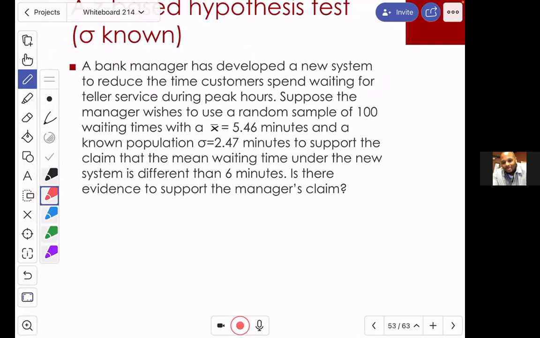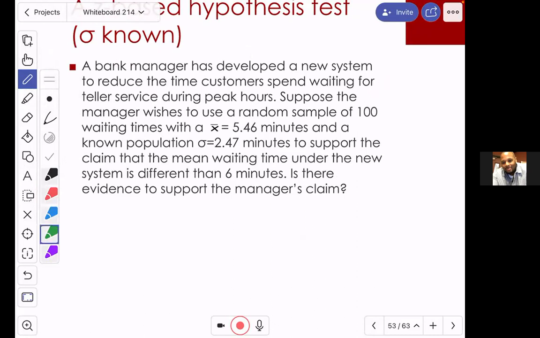It says the bank manager has developed a new system to reduce the time customers spend waiting for teller services during peak hours. Suppose the manager wishes to use a random sample of 100 waiting times with a sample mean, that's what X bar stands for, of 5.46 minutes and a known population standard deviation of 2.47 minutes.